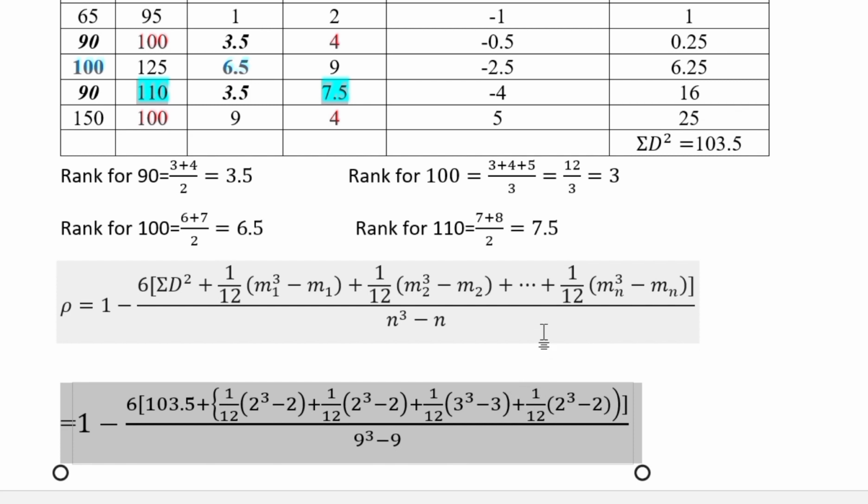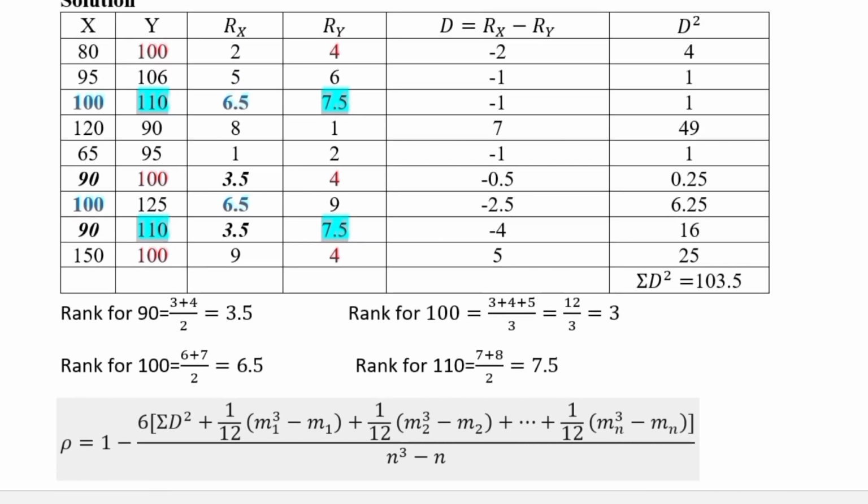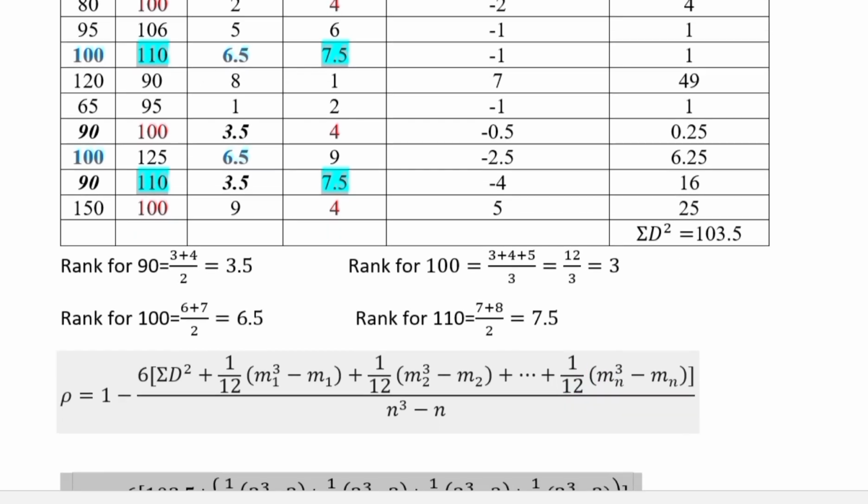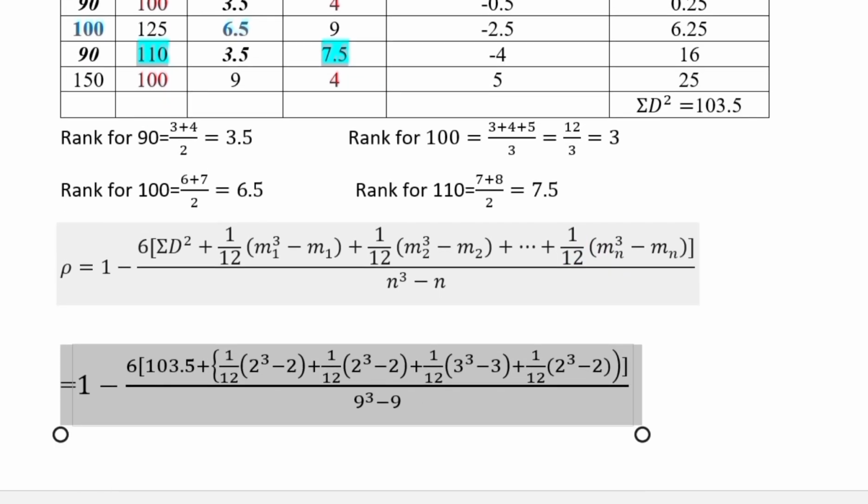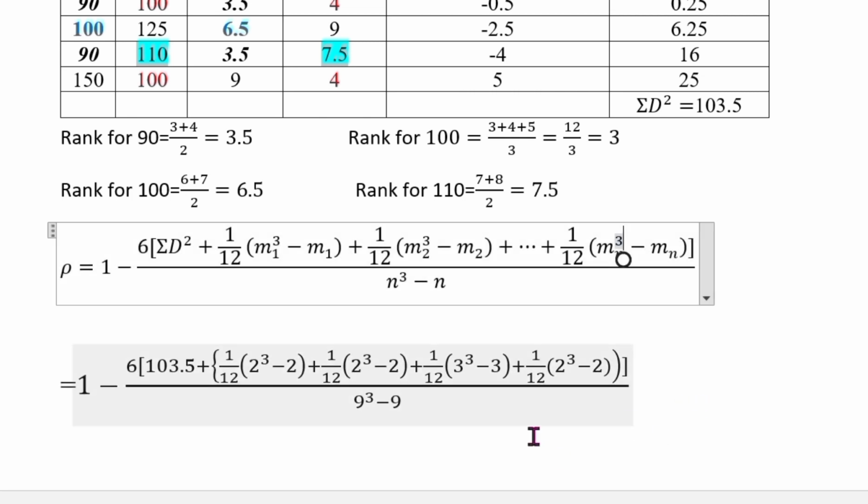And then the last number that has been repeated is 110, which has been repeated twice. So we shall have 1 over 12 into 2 cubed minus 2. So that is why we are having these numbers here. They simply represent the number of times our value has been repeated.